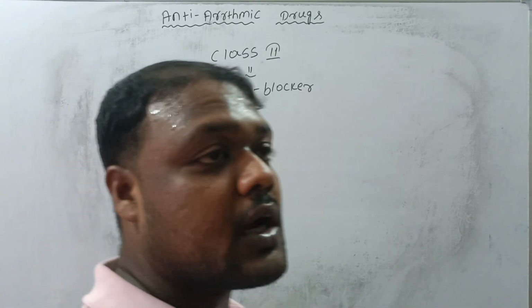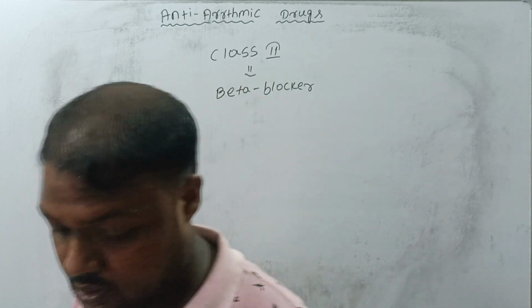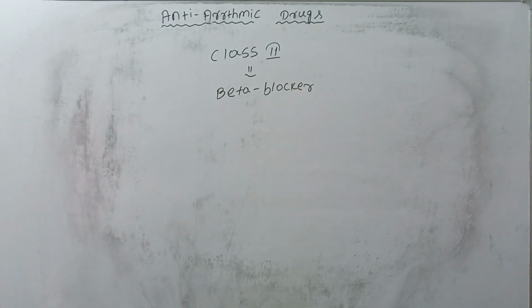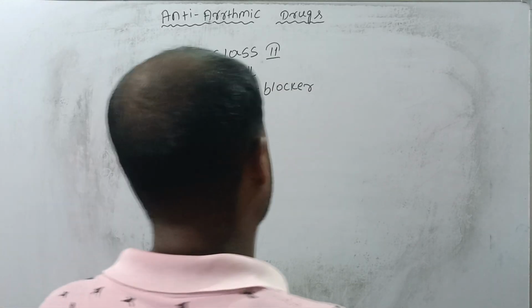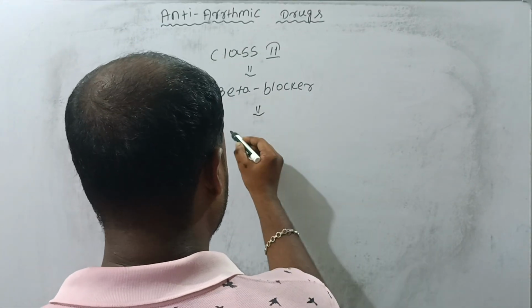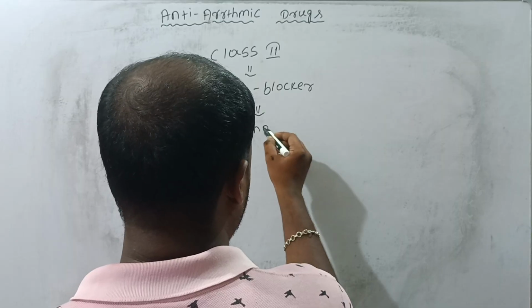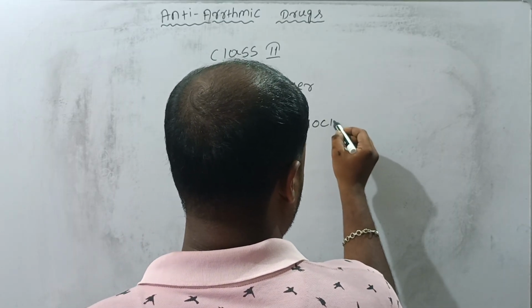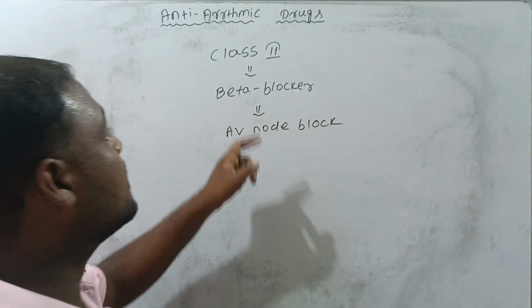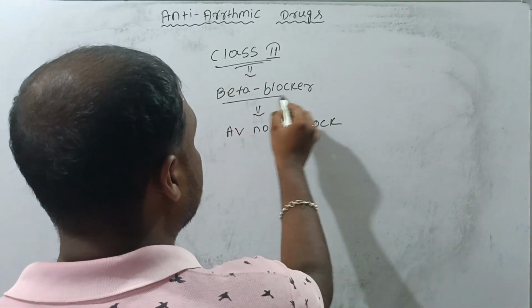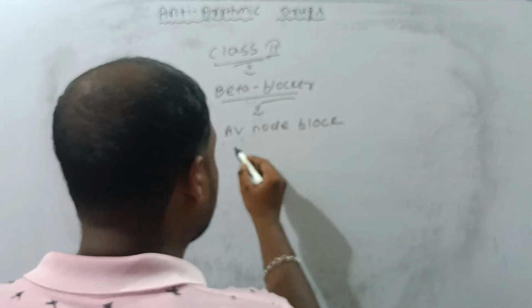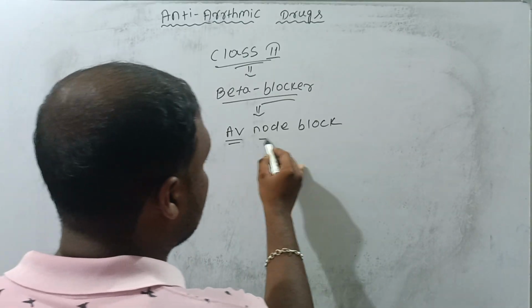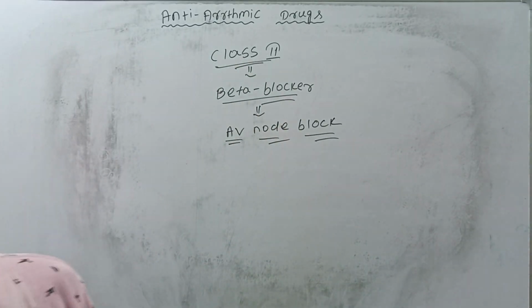The beta blocker causes atrioventricular node block.